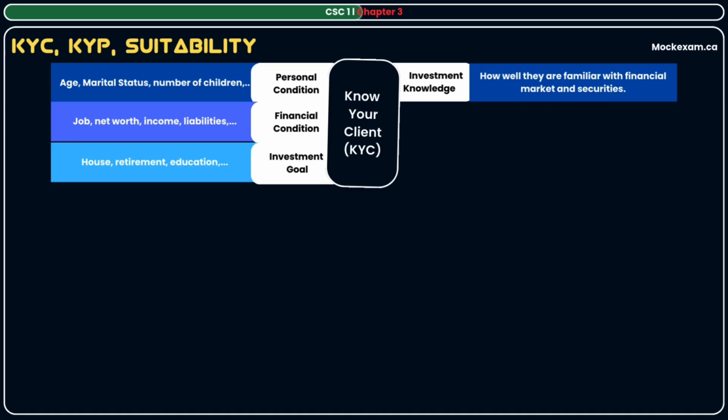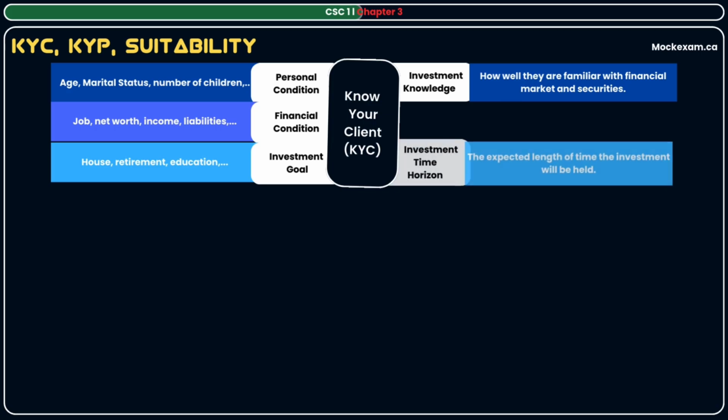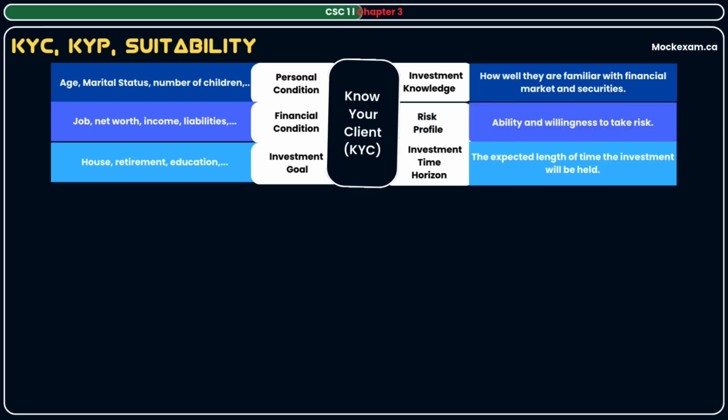Investment needs and objectives. Are they saving for retirement or a big purchase like a house or a car? You need to know that. Investment time horizon, the expected length of time the investment will be held. You need to know that definitely. And risk profile. This is like asking, how adventurous are you with your wardrobe?